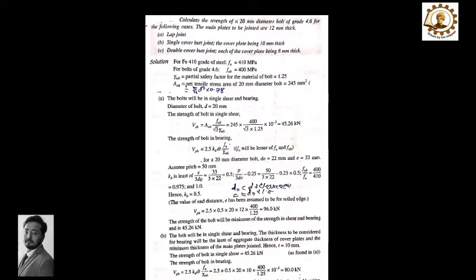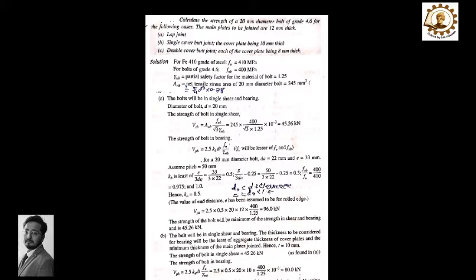The strength of the bolt in bearing. The formula for bearing is VDPB is equal to 2.5 Kb d t Fu by gamma MB. For Fu, generally we consider the value of FUB or the lesser amount of FU and FUB.